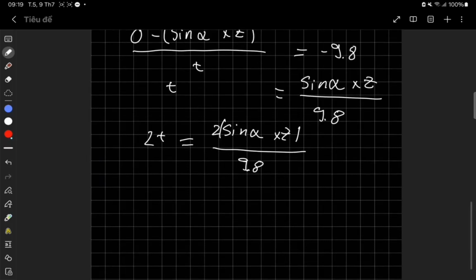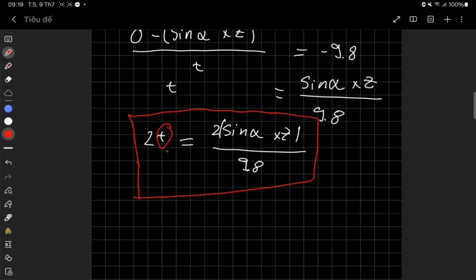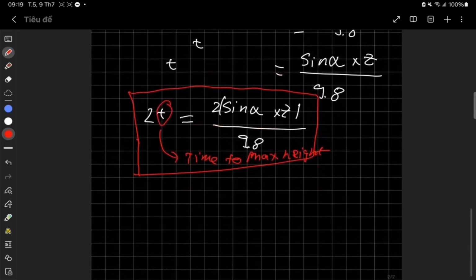Yes, so this is the first formula here, and it is very important in your exam. And just remember that this t is time to reach maximum height. And it will come up in your test as a question as well.